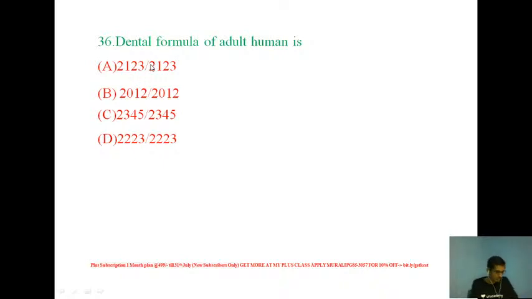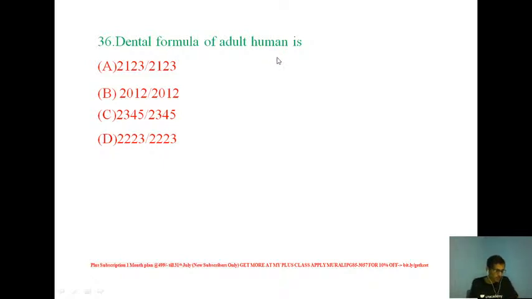Yes, you are right, Ananta Vikram. What about the dental formula of children? Anyone knows? It is 212 bar 212, because there are only 20 teeth, 10 in one jaw and 10 in the other.